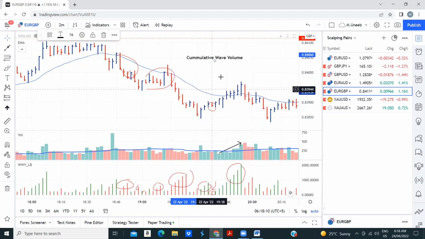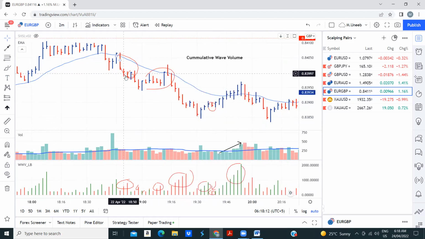Cumulative wave volume is the volume of all preceding bars, this one, this one, this one. If we add all the volume, we get all the volume in the corrective waves and all the volume in the impulsive waves. Got it? But suddenly, what happened?